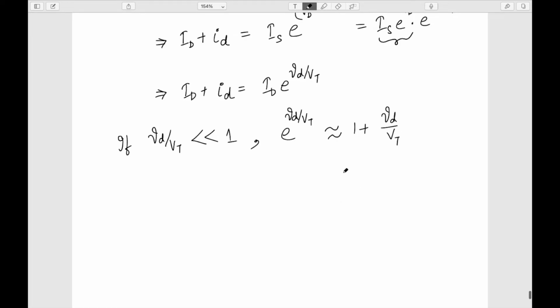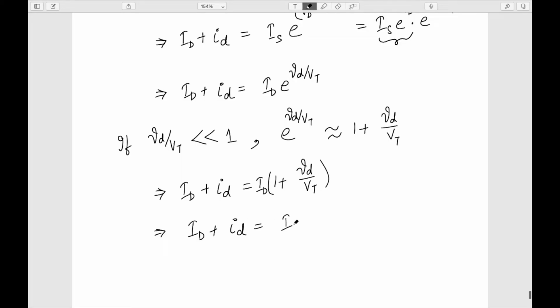So if I substitute this approximation, ID plus small id is equal to 1 plus vd by Vt into ID. And if I expand it, I'll get ID plus small id equal to ID plus ID by Vt into vd.